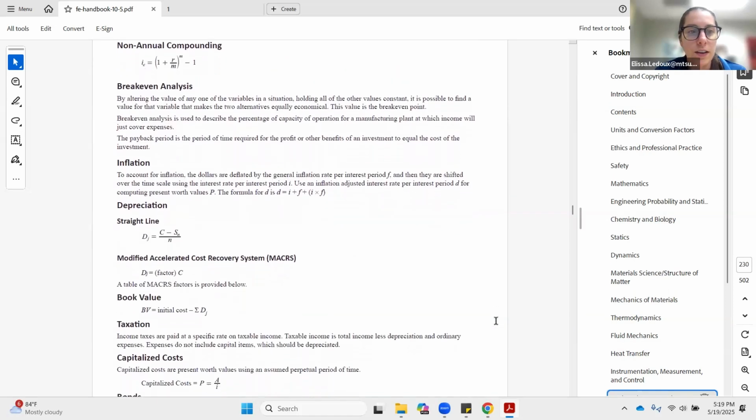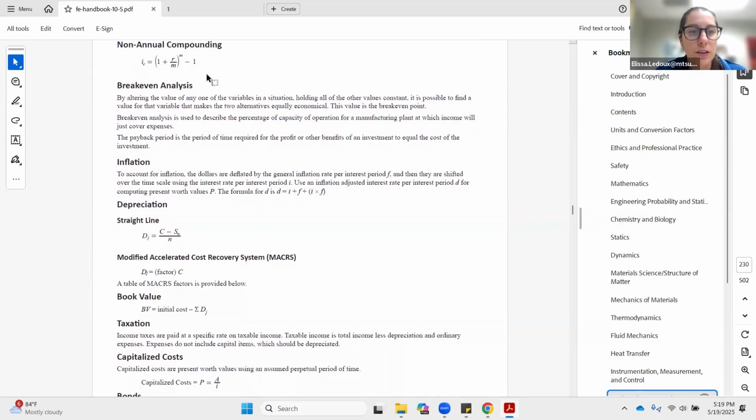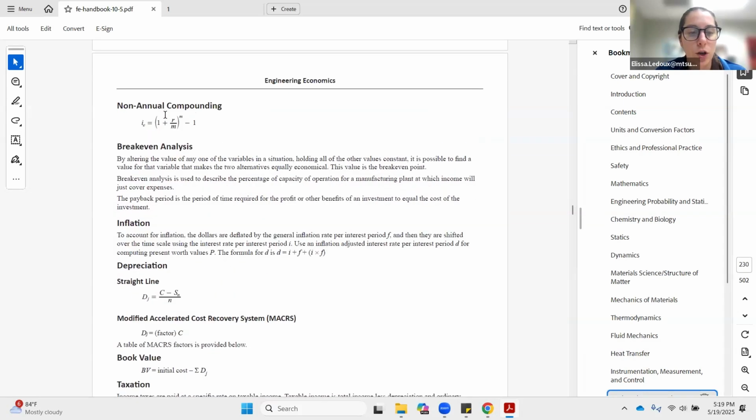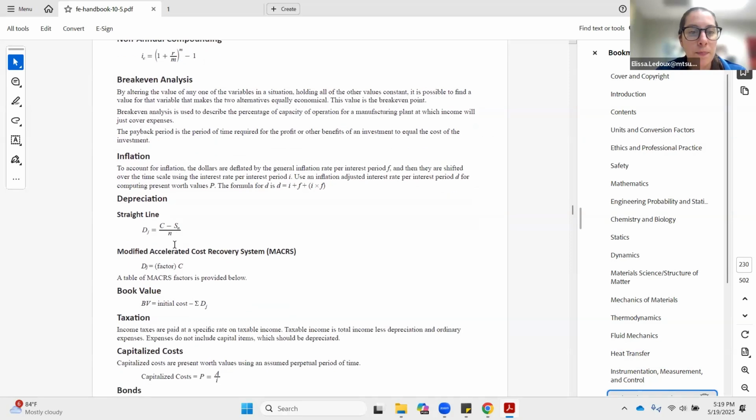Now the other stuff in here, these are just different types of terms that you should know. Straight line depreciation is something that they might ask you about, and that is the typical type of depreciation. No one will say, oh, consider a parabolic depreciation. No, it's always going to be a straight line.